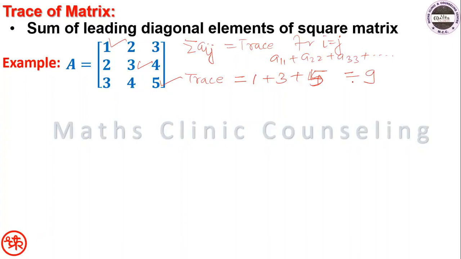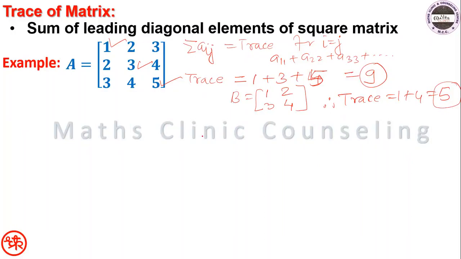So trace is equal to 9. Similarly, another example we write here: B is equal to the matrix [1 2; 3 4]. What is the trace? The diagonal elements are 1 plus 4, which is equal to 5. So understand trace.